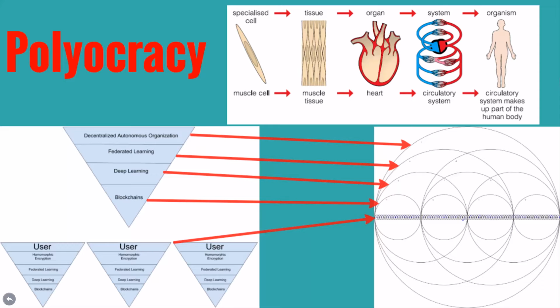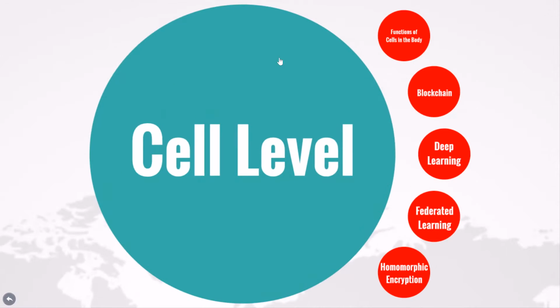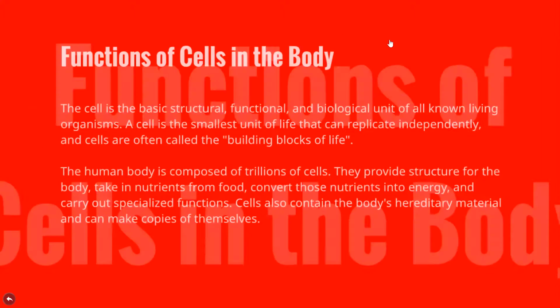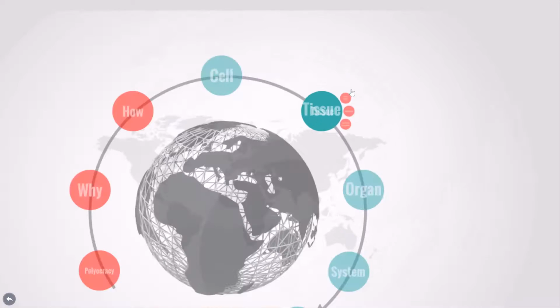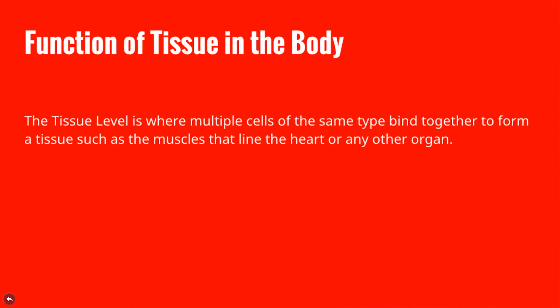so cells, tissues, organs, and systems and organisms, right? So the first layer of polyocracy is looking at a human as a cell, right? Saying that, hey, a human as a cell has specific skills and specific drives and passions that they want to accomplish, right? And the tissue level basically brings the same types of cells together to serve in that function, right?